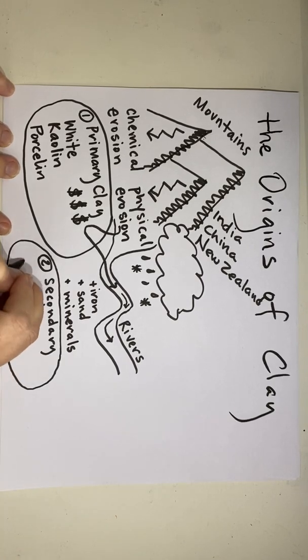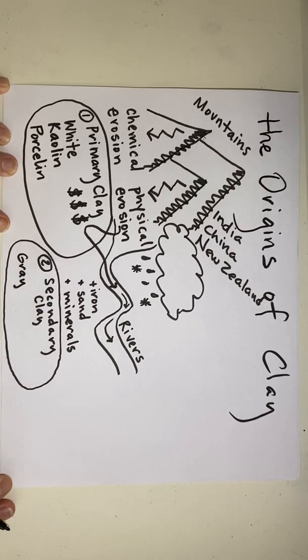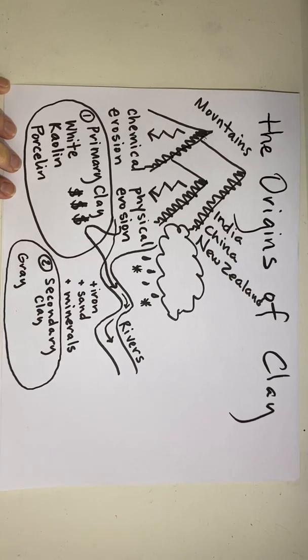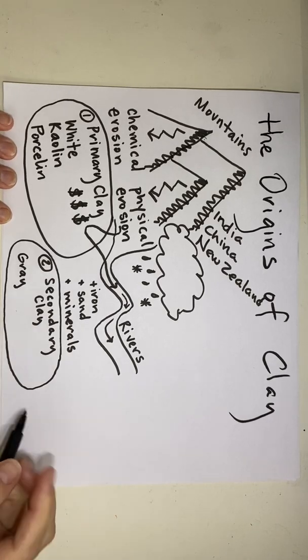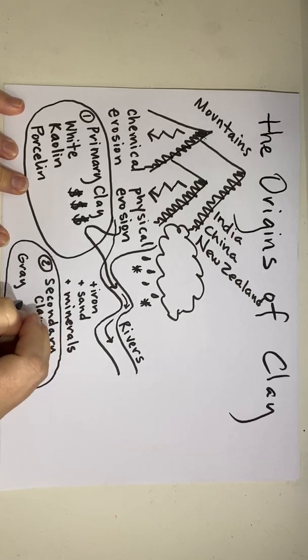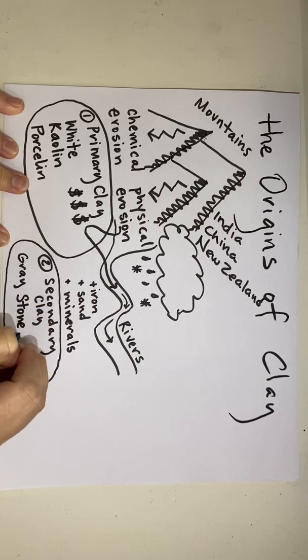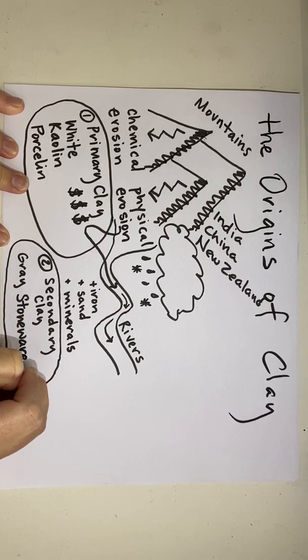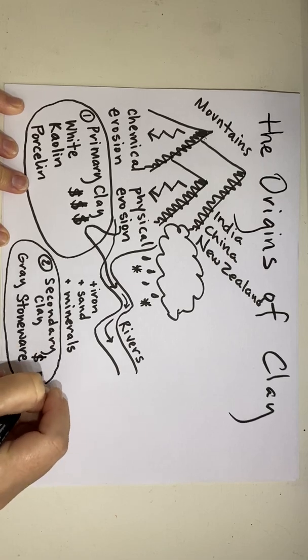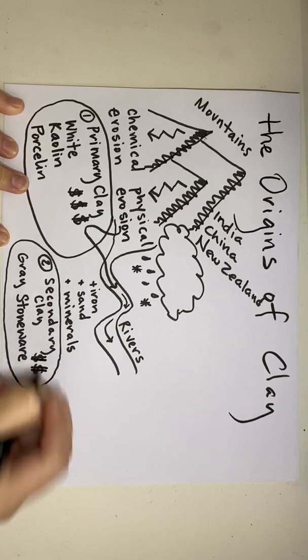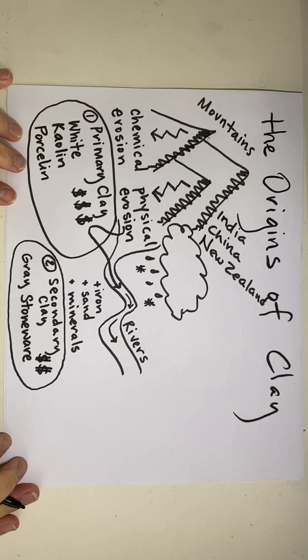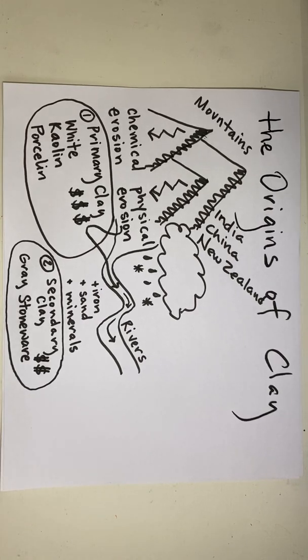This clay is usually a gray color, sometimes light gray, sometimes dark gray, depending on how much of these minerals it has picked up. It's also called stoneware. It's not as expensive as porcelain, but it's still a very good quality clay.